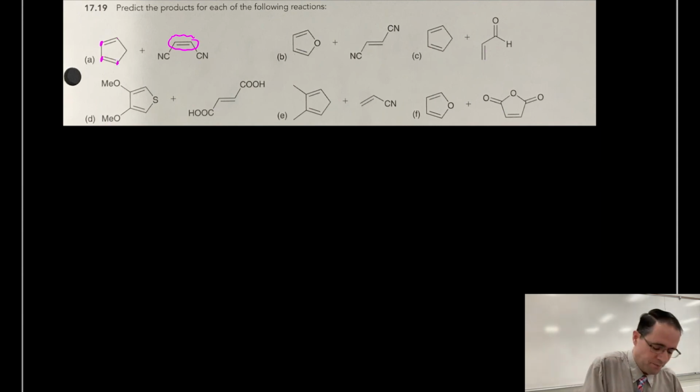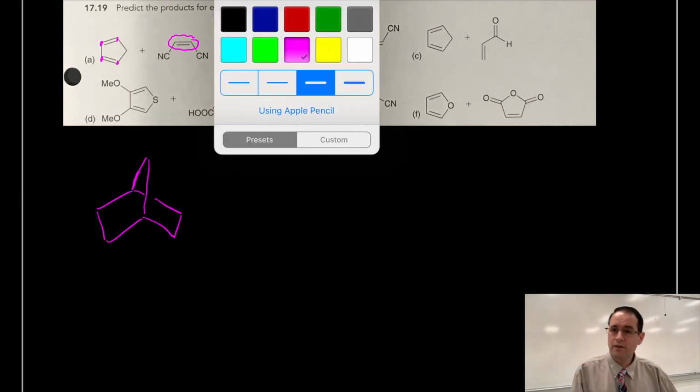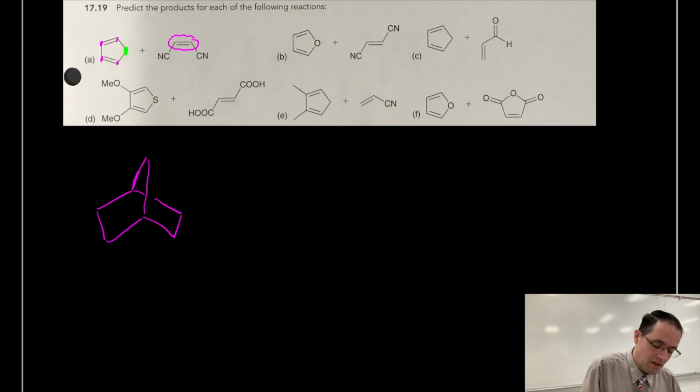So remember, if we're starting with cyclopentadiene, there's the 4 carbons, and the 2 circled carbons are going to make this bridge bicyclic system. Okay, so there's my 6 carbons, and this bridge right here is created from that 1 carbon.